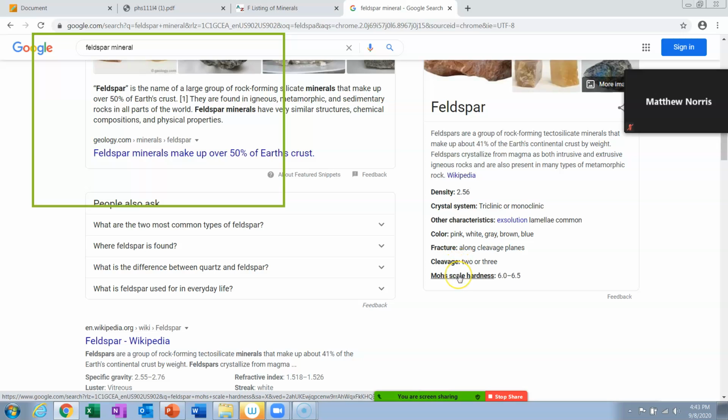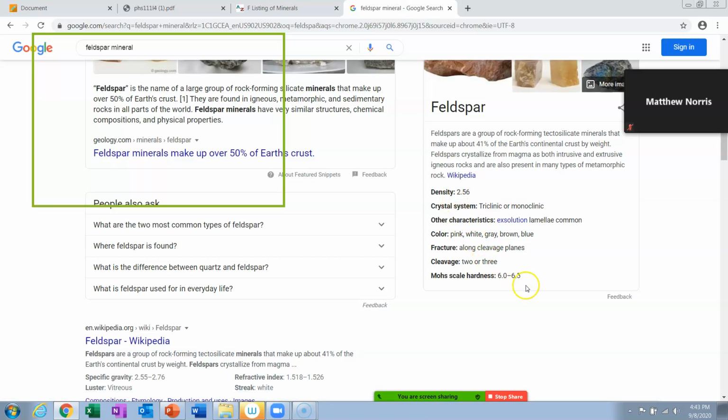Mohs hardness scale, it does give that. And it does do cleavage fracture. And cleavage says 2 or 3. That's pretty different from what we were seeing. Fracture along cleavage plane, so that's rather bizarre. And it does give density. But that's not what you really need, okay?